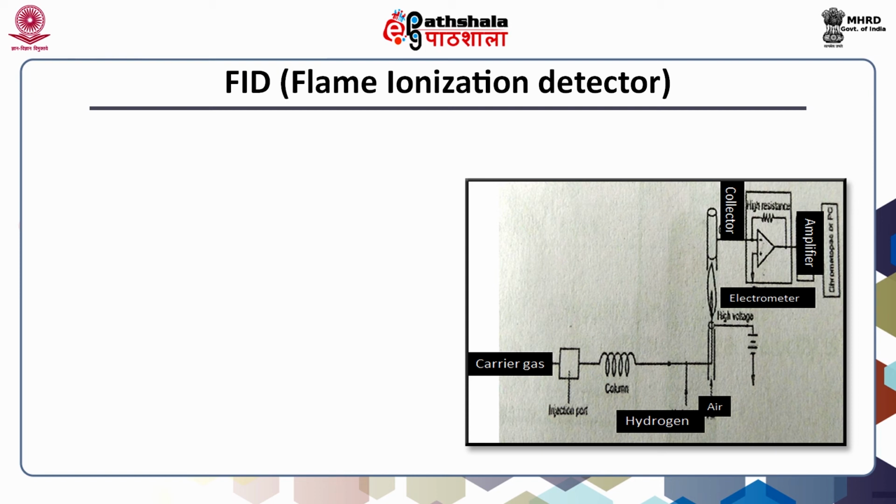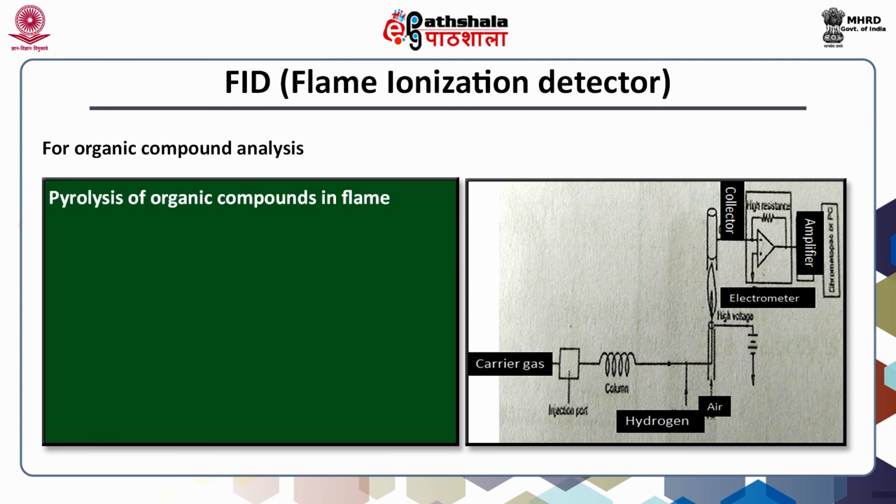It has a wide range and greater reliability, and it responds only to organic compounds. It works on the principle that most organic compounds eluting from the column, when burnt, undergo oxidation. As a result of oxidation, they produce some ionizing particles and electrons as intermediate products, and these ionizing particles are quantitatively proportional to the amount of carbon in the original compounds.